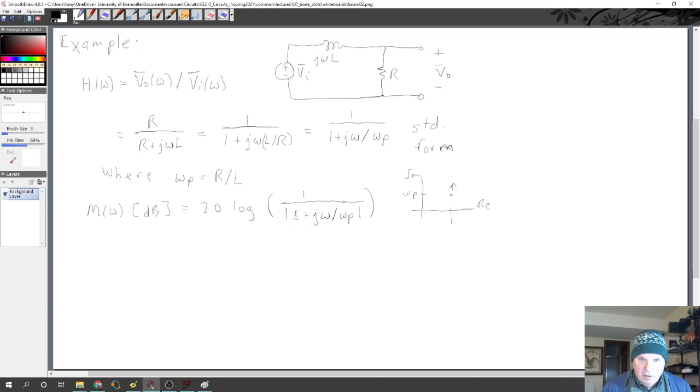Of course, there is going to be some frequency omega equal to omega p, and we'll see some interesting behavior there. But back to this, the log of a ratio is the difference between the logarithms. So I have 20 log of 1 minus 20 log of the magnitude of 1 plus j omega over omega p.